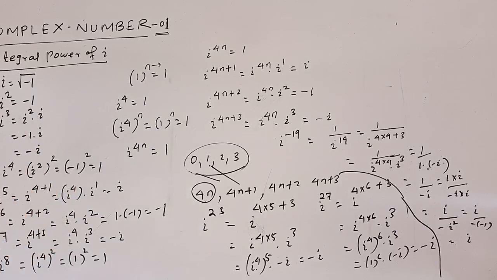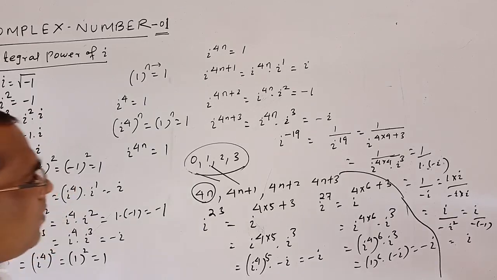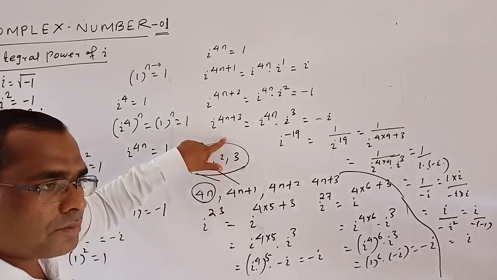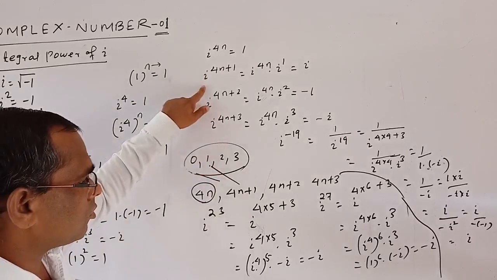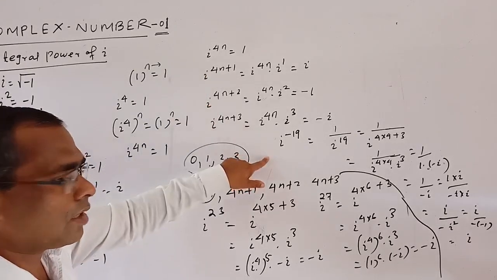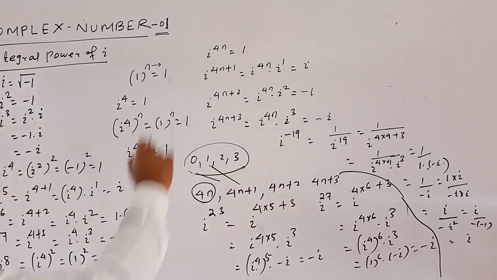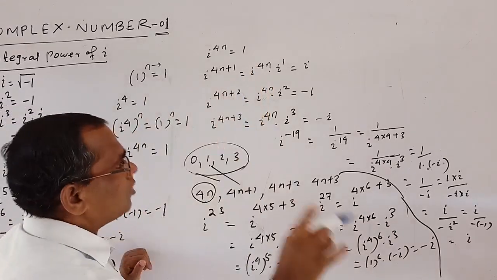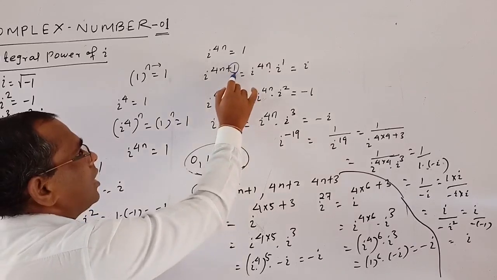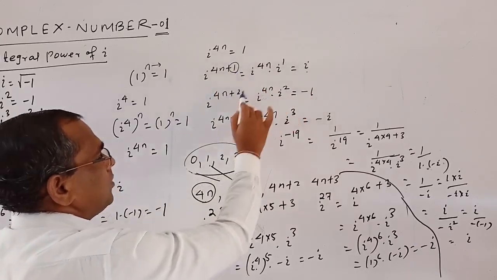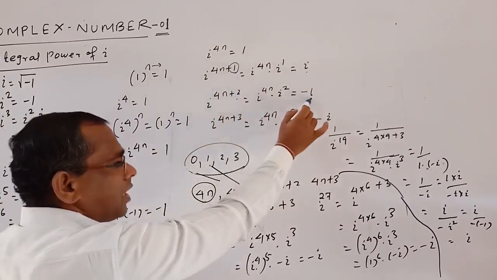So whatever the power of i is, you divide it by 4 and see the remainder. If the remainder is 0, then it must be 1. If the remainder is 1, then this is i. If the remainder is 2, then this will be -1.